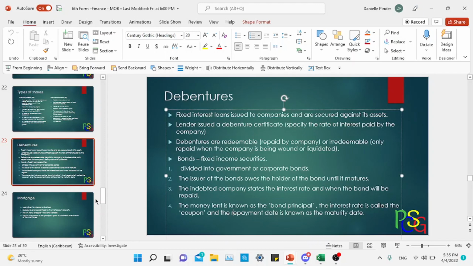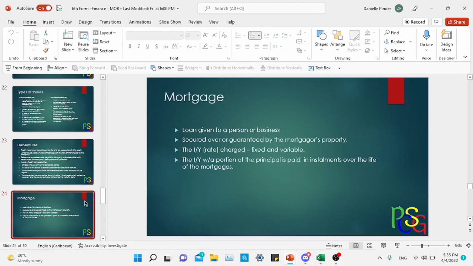All right, so we know about mortgage already, so I would only go through it very briefly. You know that it is a loan given to either a business or a person, a lot of money. The loan is only secured by property, right?